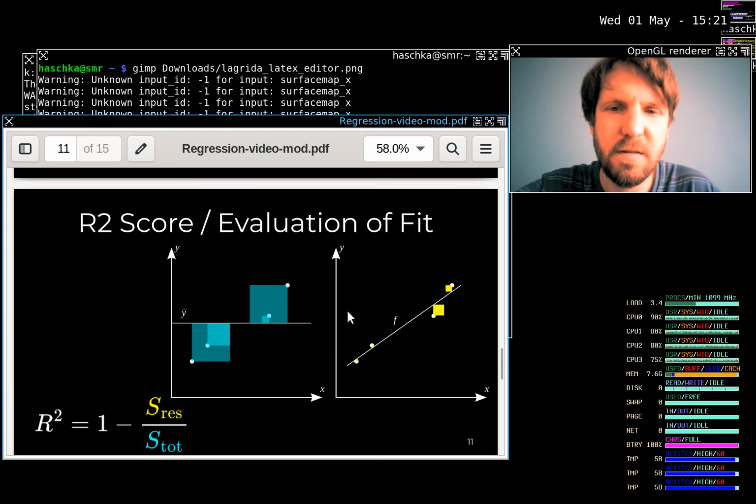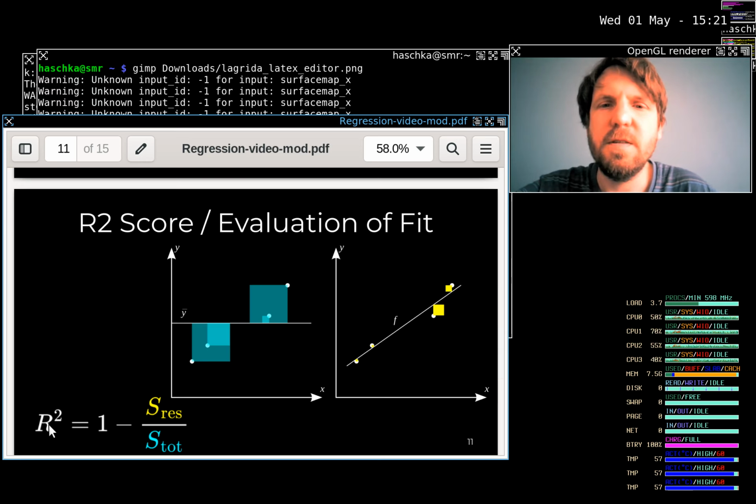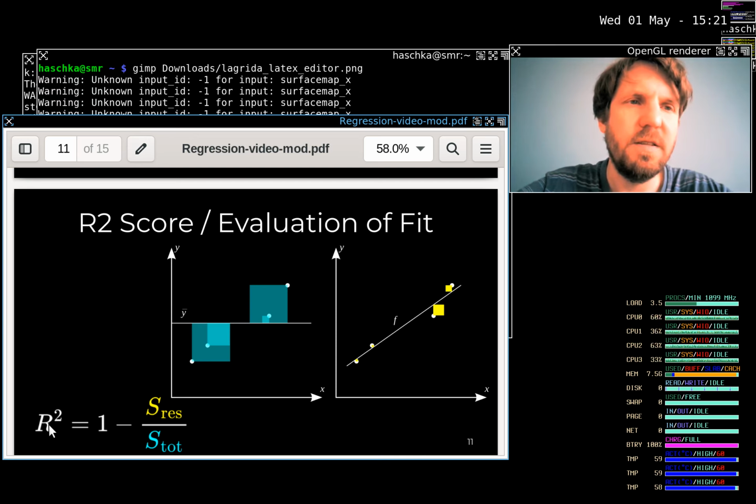Just imagine this, if the distance is further away than just from the mean, squared, then this can even get negative, okay. So this is it about the R2 score, and basically you can calculate the score, and using this score you can evaluate your fit, if your fit is good or not.